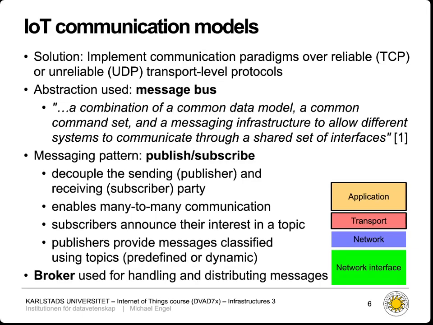So in these systems, actually the receivers indicate what they want to receive, and then the senders send out information according to requirements of the receivers. But this is done in a very general way, and this way is called publish subscribe. So this decouples the sending, the publisher, from the receiving or subscriber party.